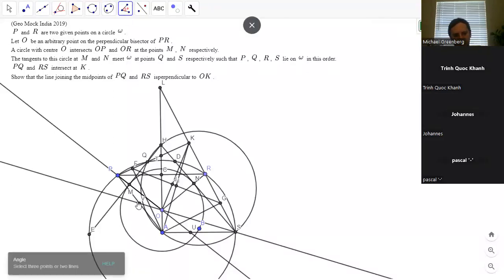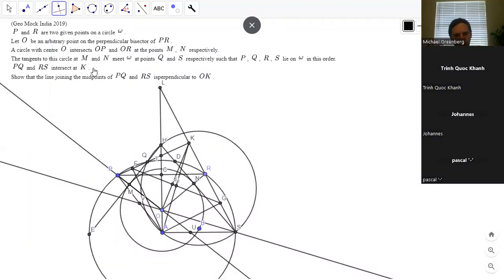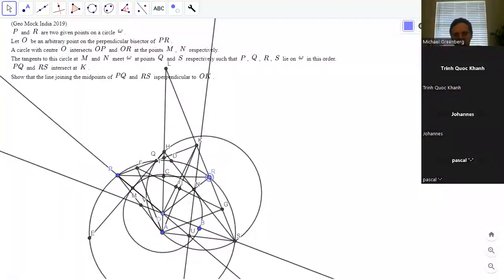Let me check that. Yes. Is KU perpendicular to AS? Let's see. No, it's close, but it's not exactly.